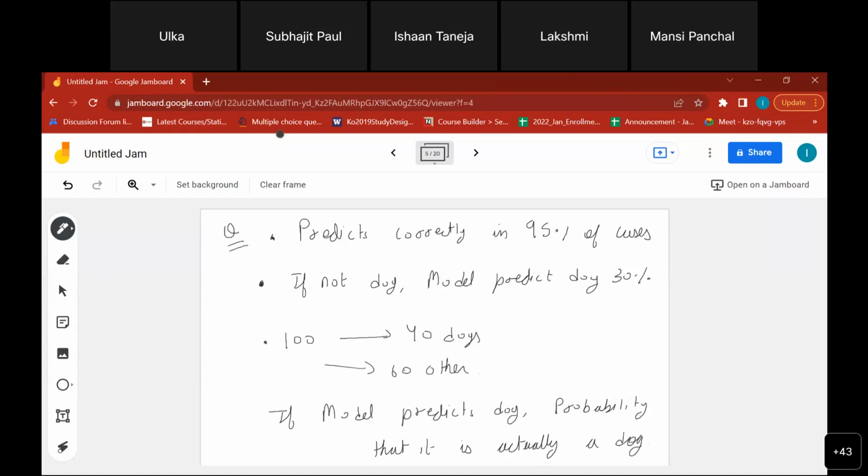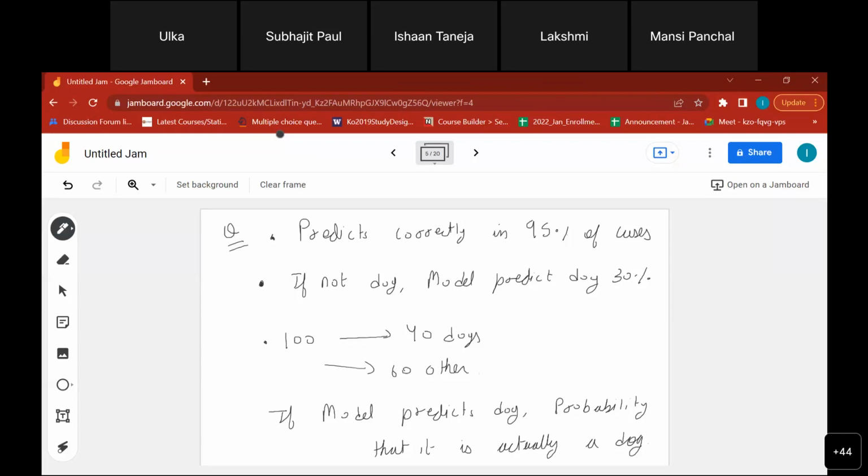So the first statement written here, predict correctly in 95% of cases. Does this mean the picture is a dog and it's predicting it's a dog? Yeah. So if I show the model an image of a dog, the model will predict it correctly 95% of the times. If I show an image of any other animal, it will still predict it to be a dog in 30% of the cases.